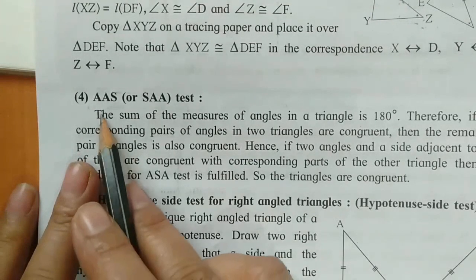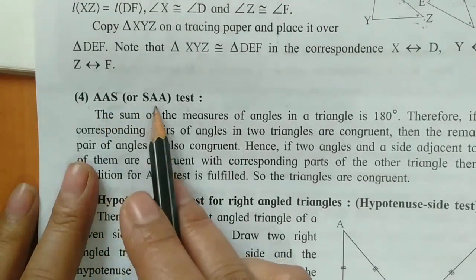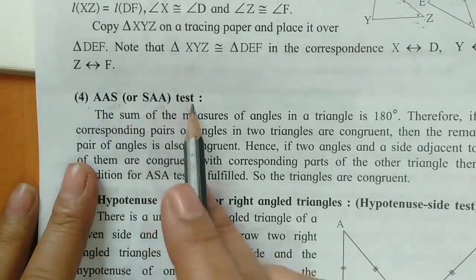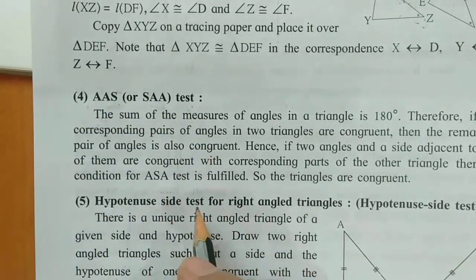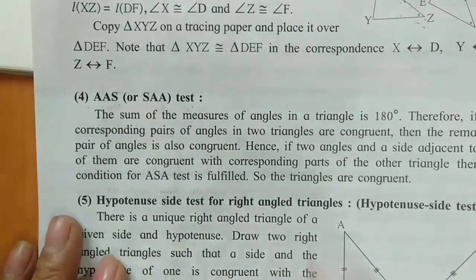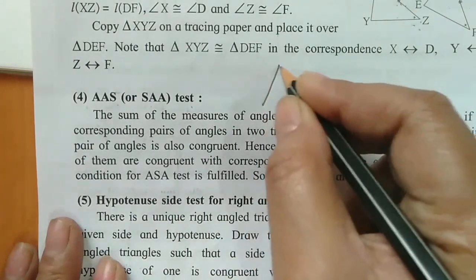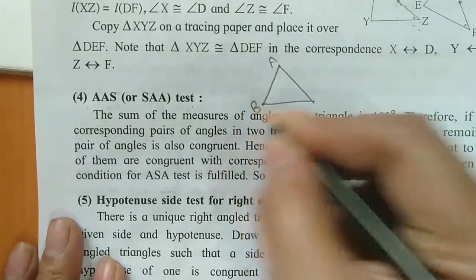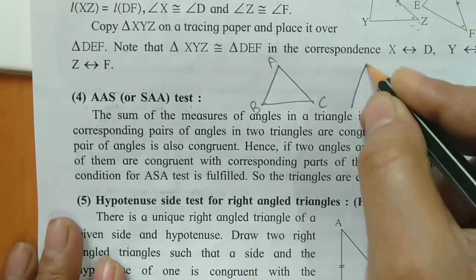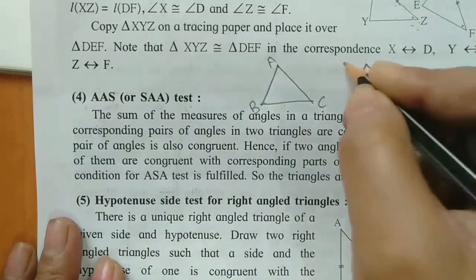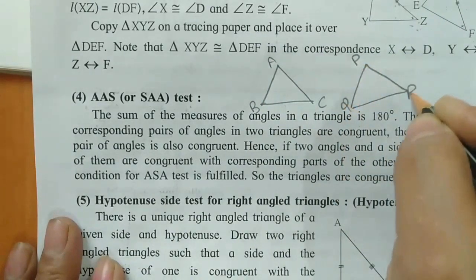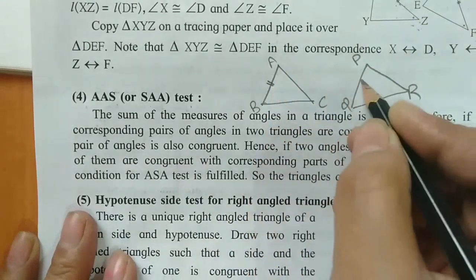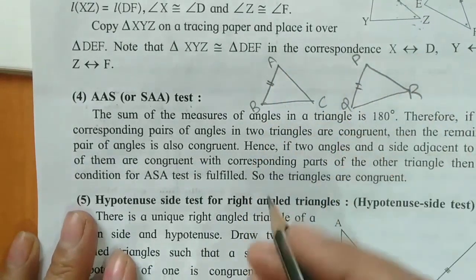Similarly, the fourth test is AAS or SAA, meaning side angle angle or angle angle side test. See the example here, suppose this is triangle ABC and this is triangle PQR. Here side AB is congruent with side PQ.